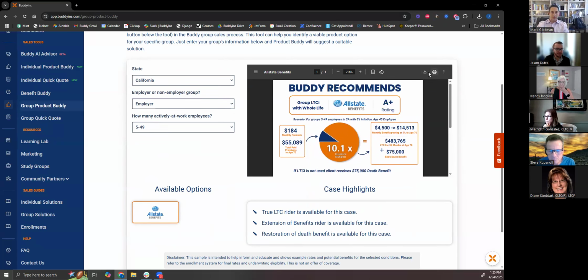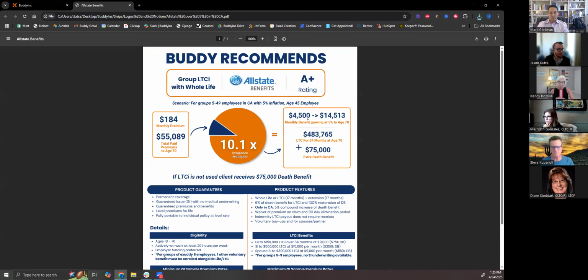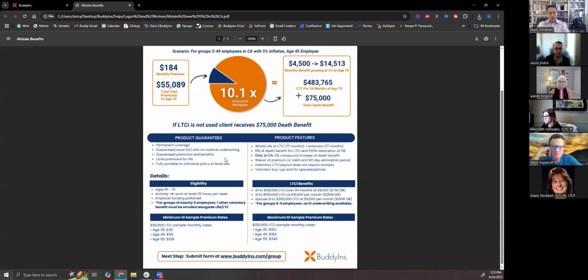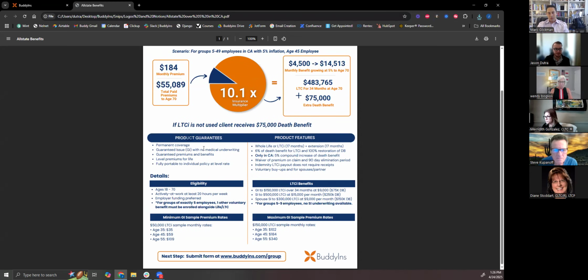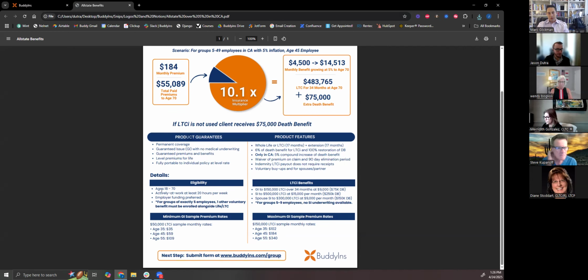So this is going to be my one pager. You can have this in your back pocket for the conversation, and you can even use it to walk them through the product guarantees and product features, understanding the gravity, as the long-term care specialist, of having a 5% compound inflation protection rider at this kind of premium. You'll also be able to walk them through the eligibility.